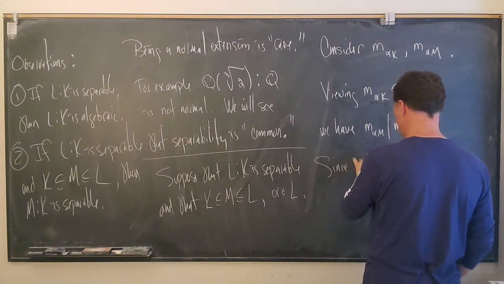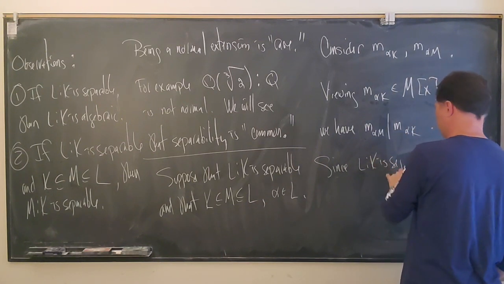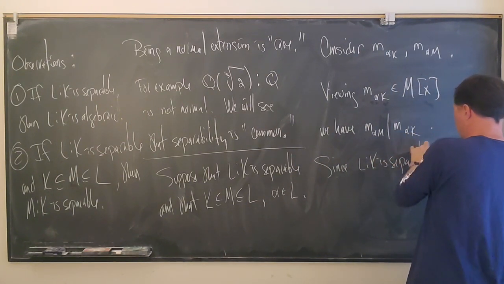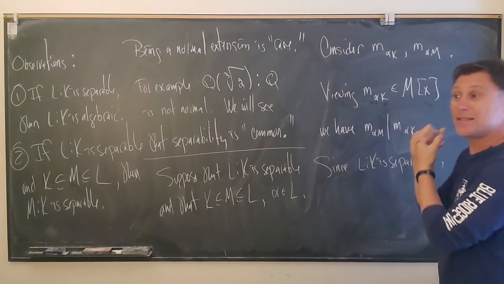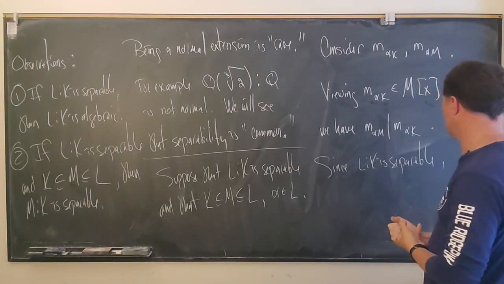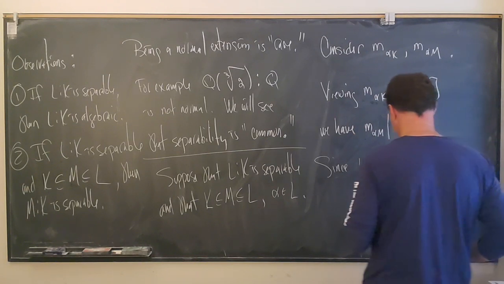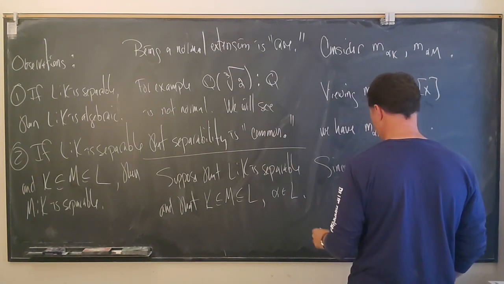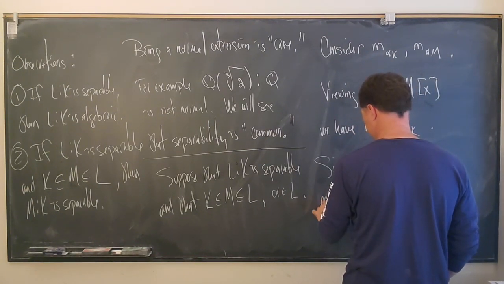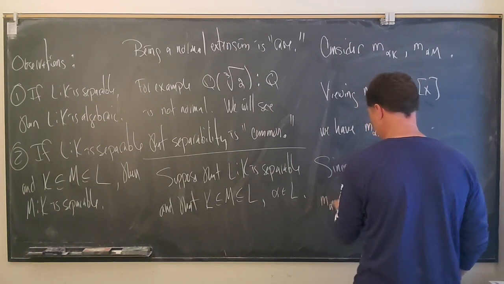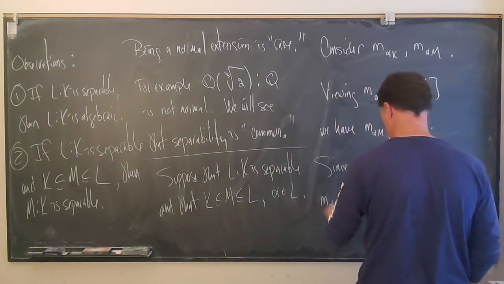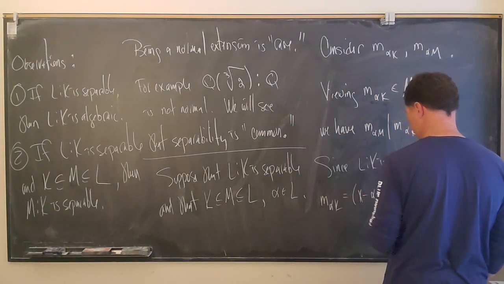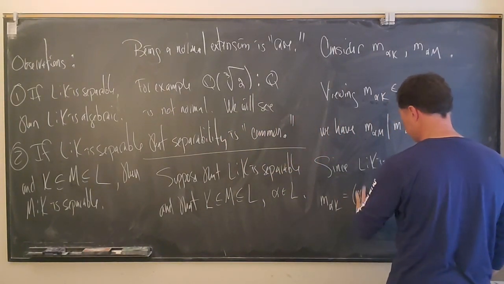So since L over K is separable, we know that M alpha K splits into distinct linear factors in the splitting field. So M alpha K is equal to, and let's just write it out, x minus, actually, let me use a different symbol.